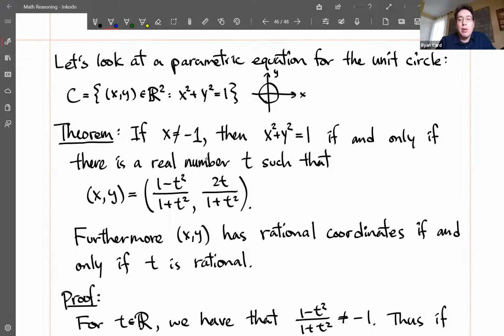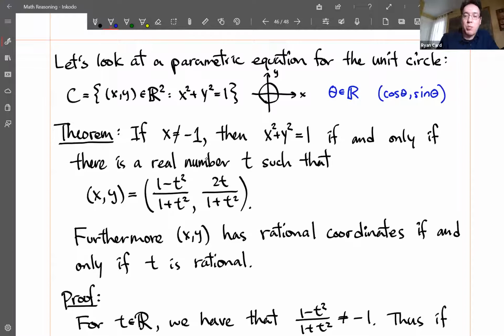In this video, I want to prove one more theorem, which is about a way to parameterize the unit circle. The most famous way that you've seen to parameterize a circle is to take any theta and write the points cosine theta, sine theta, to look at points on the unit circle.